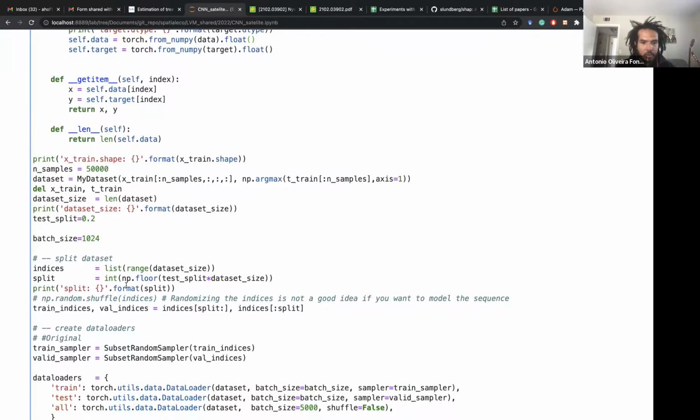Here, those are the indexes. Among the samples that I use for the data set, I'm going to select a small sample that I'm going to use for validation purposes. So now I have a training data set, which corresponds to 80% of the samples. I have a validation data set that corresponds to the remaining 20% of the samples coming from the whole data set.